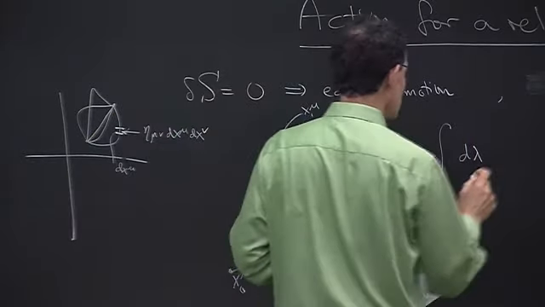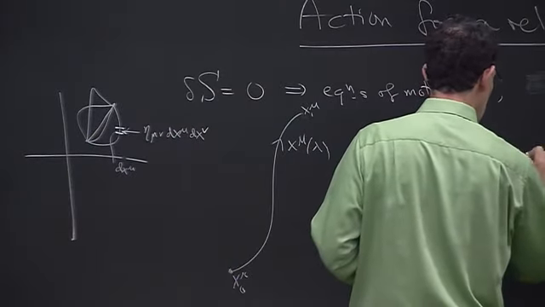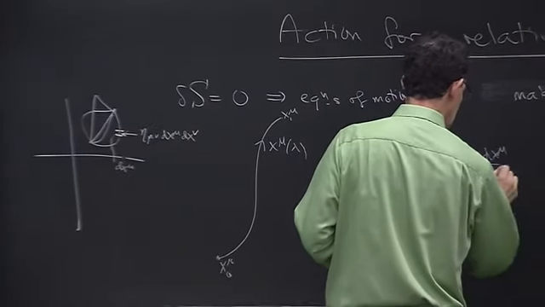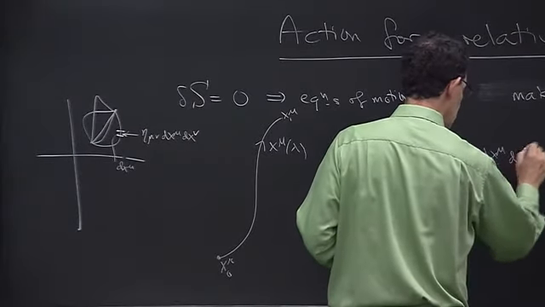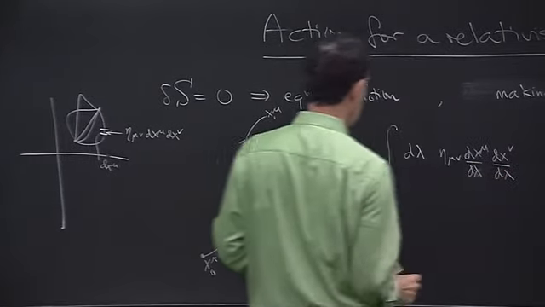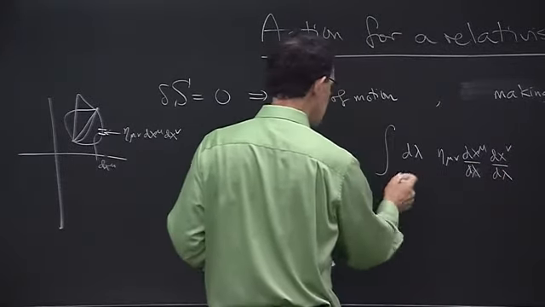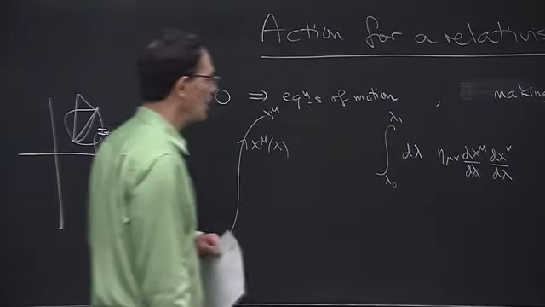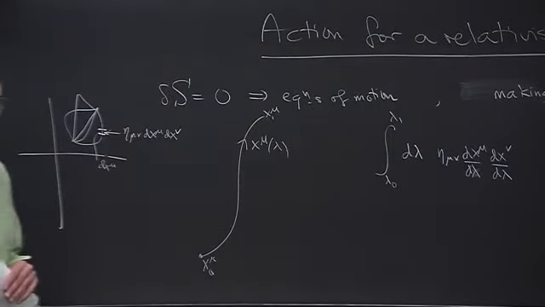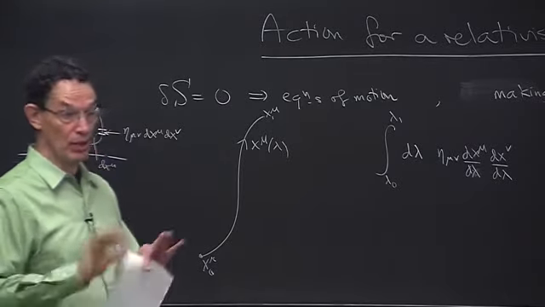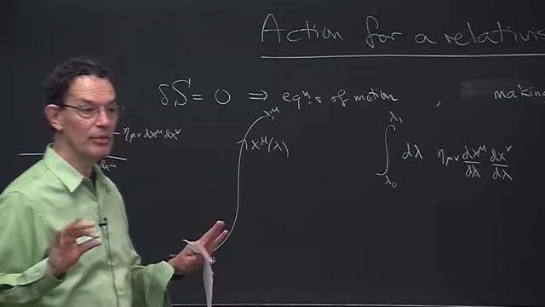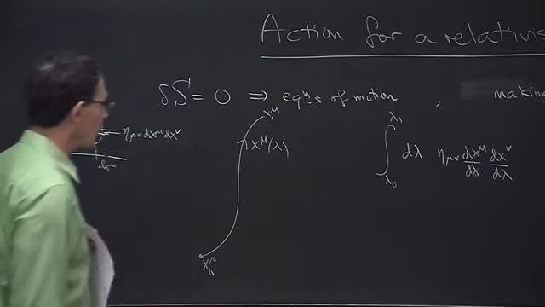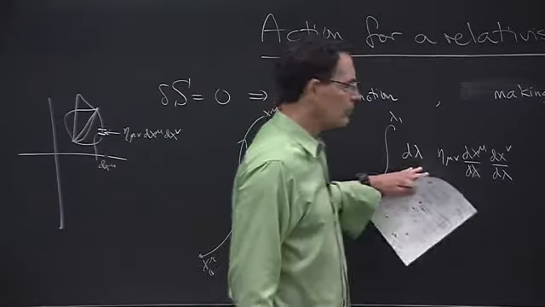So I could try writing this down, eta mu nu dx mu d lambda dx nu d lambda. And we could choose lambda to go from some initial value to some final value. Is that a good expression? It's Lorentz invariant, so that's good, providing lambda doesn't change when we do Lorentz transformations. But it has a sort of nasty property.